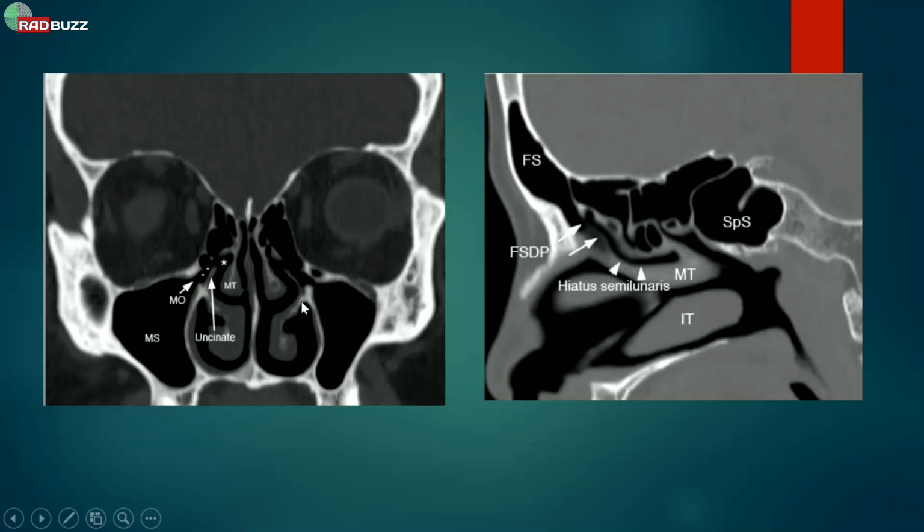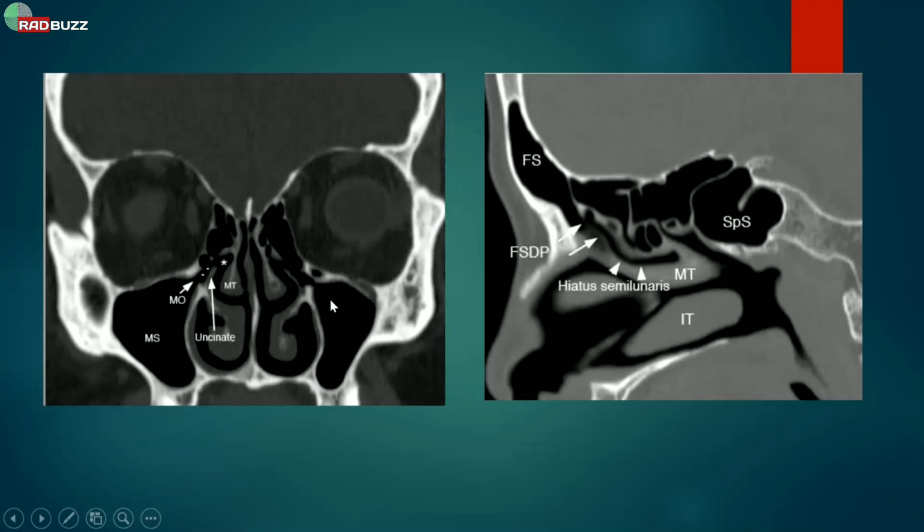This flip, if you can see, this flip-like thing, that is the uncinate process. Now, the uncinate process is like a trap, like the epiglottis. It can just close or it can be open. If this is obliterated, the infundibulum is stuck, the ostium will close, and things will start accumulating within the maxillary sinus.